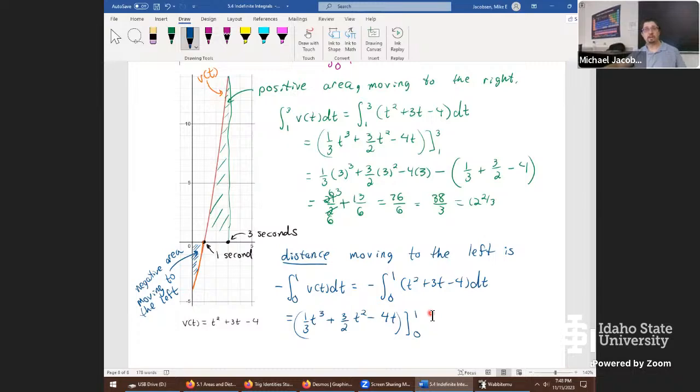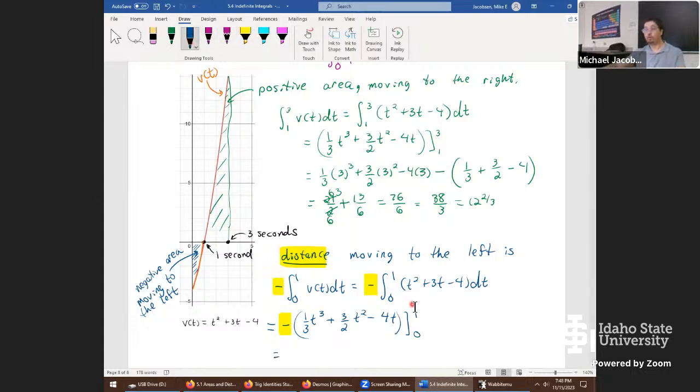But notice we're pretty much done then. We have plugged in 1 and got this number here, which came out as, oh, hang on. There's one mistake there. I've been dropping my negative signs like mad today. Sorry about that. We had a negative sign because we're going for negative distance. That means we can't get too excited by that antiderivative because it involves a negative sign right there as well. So one additional negative sign.